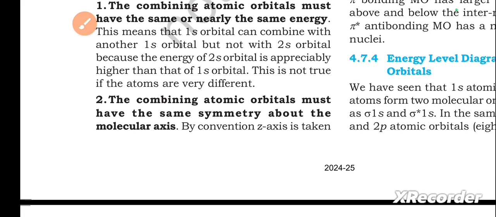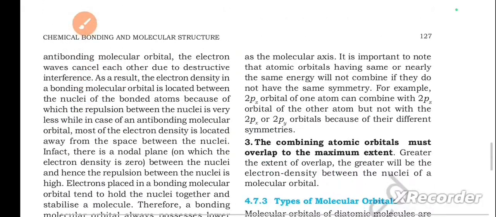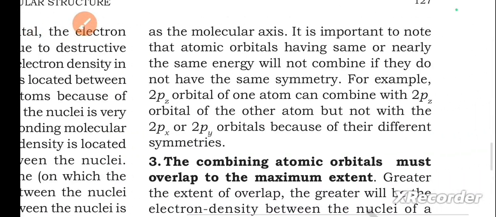Second point, the combining atomic orbitals must have the same symmetry about the molecular axis. By convention, the z-axis is taken as the molecular axis. It is important to note that atomic orbitals having the same or nearly the same energy will not combine if they do not have the same symmetry.